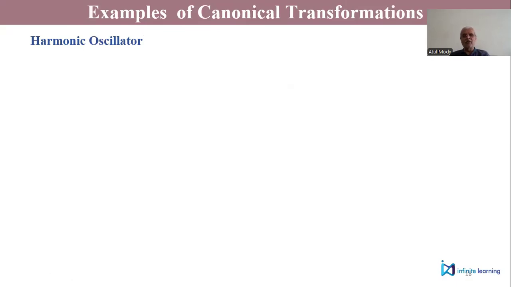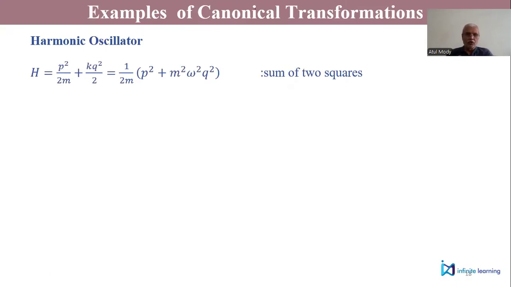I will take an example of the harmonic oscillator problem. You can see the Hamiltonian is kinetic energy plus potential energy term. Actually, if you take 1 by 2m common, then the two terms inside are both perfect squares. Sum of perfect squares reminds you that to simplify the problem, you should have something like a cosine function and a sine function, because their squares add up to give you one.